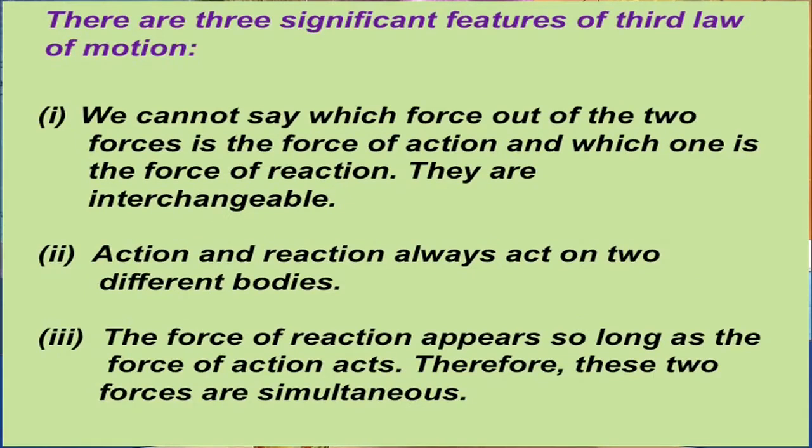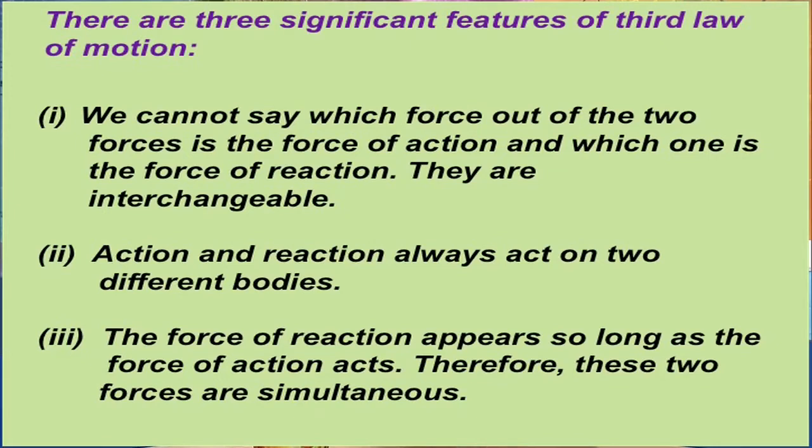There are three significant features of the third law of motion. We cannot say which force out of the two forces is the force of action and which one is the force of reaction. They are interchangeable. Action and reaction always act on two different bodies. The force of reaction appears so long as the force of action acts.